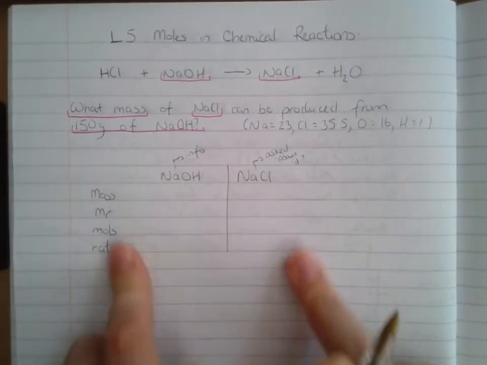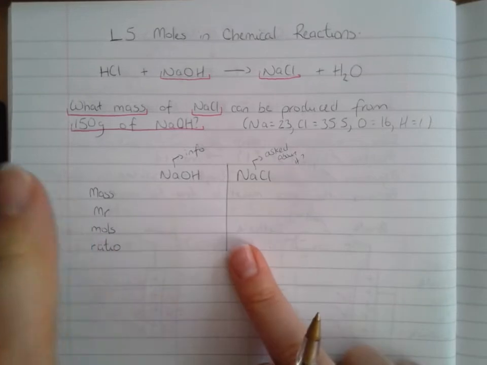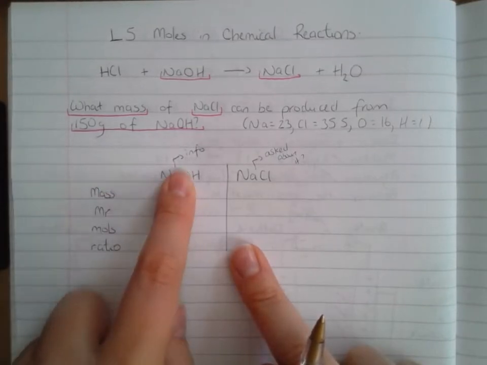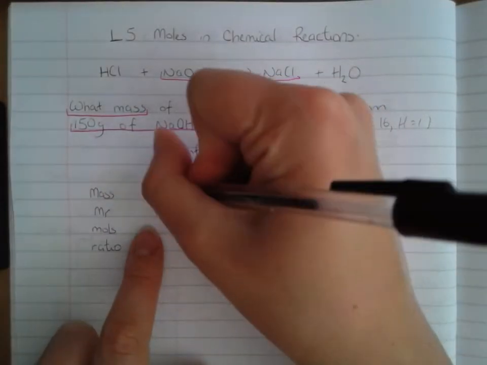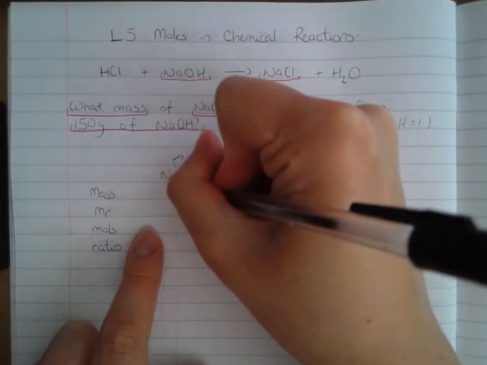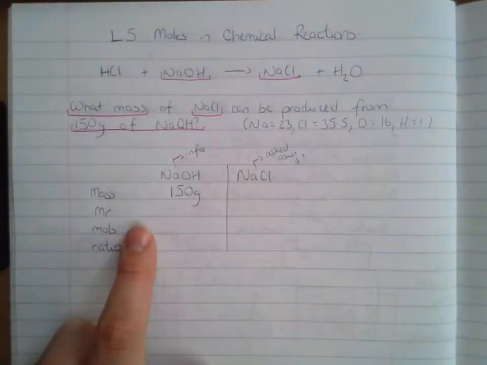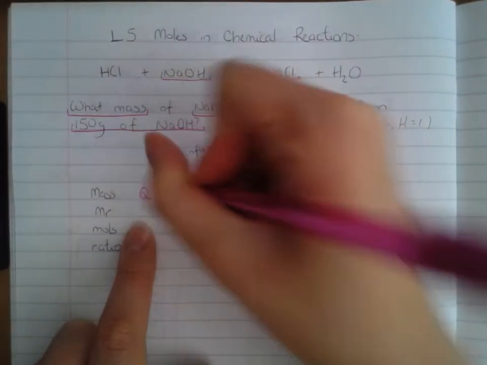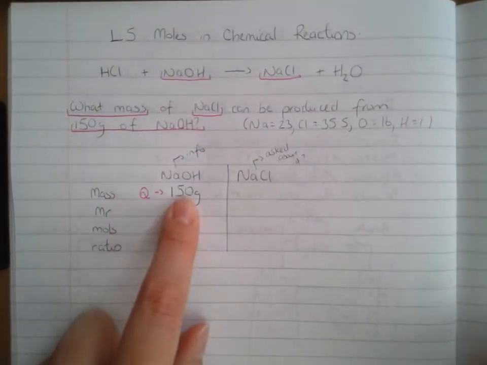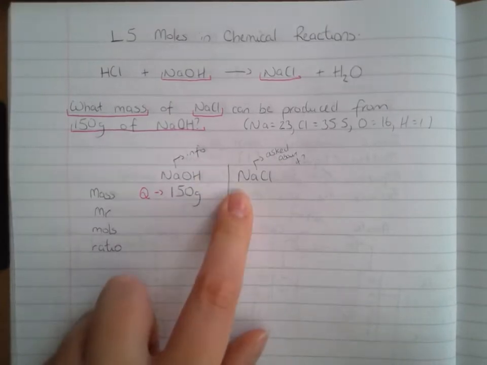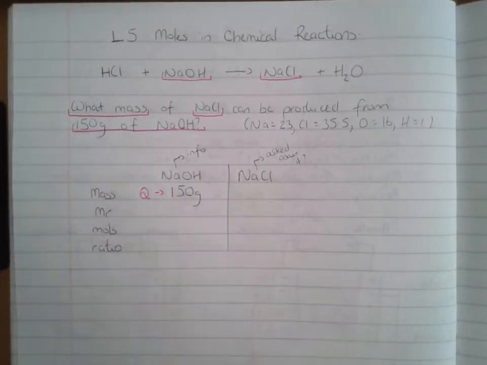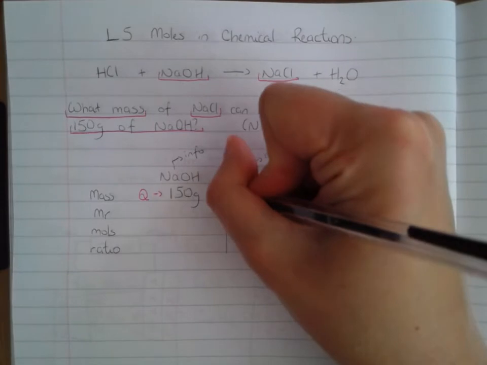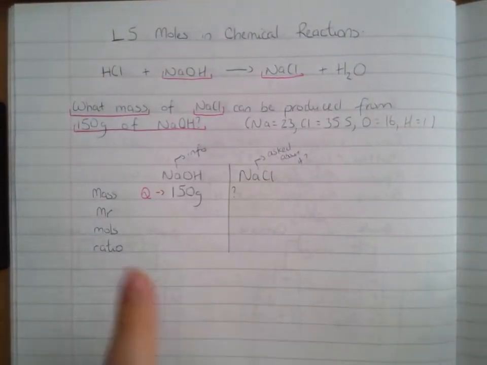Then you need to start filling it in. Mass of NaOH, we are given this in the question, 150 grams. I'm getting this information from the question. I'm not calculating this. NaCl, that is what I'm trying to find. So that's going to be my final answer, my step 3.